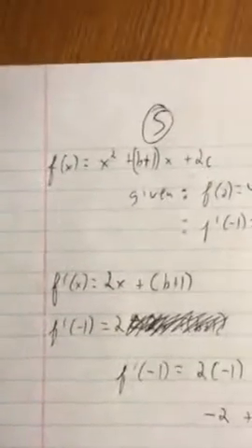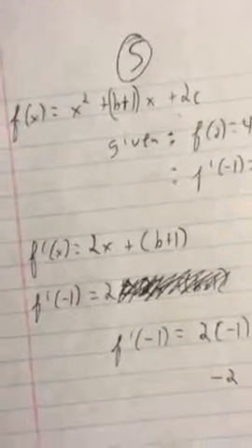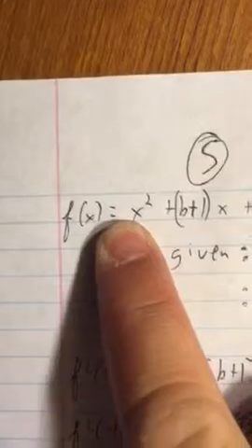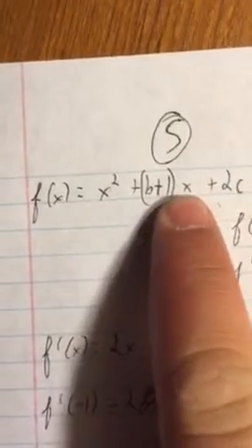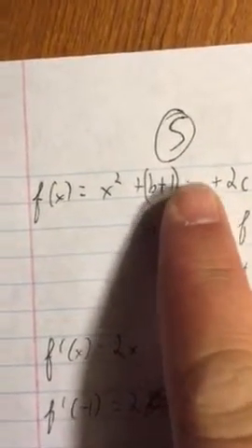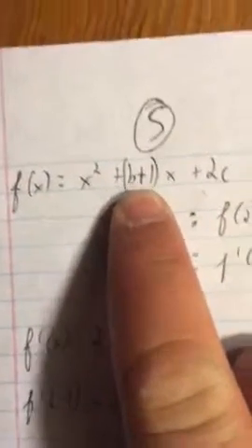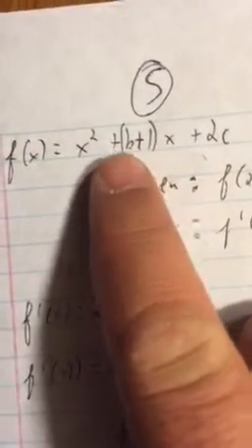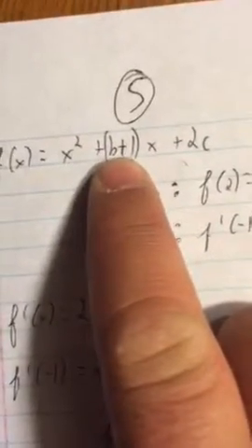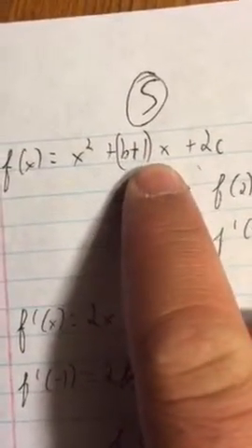All right, now, it may not look like it at first, but this is actually kind of a simple problem. When you take the derivative of something, this will become 2x. This, since x is to the first power, will just become 1 times b plus 1, because remember, this b plus 1 is taking the place of the coefficient in front of x.